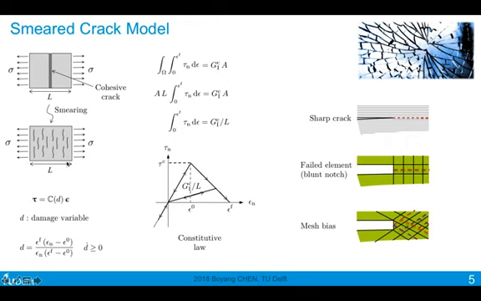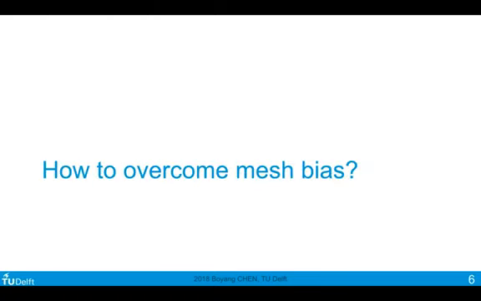However, this method suffers from the mesh bias issue, which means that now we are no longer modeling a sharp crack, but it is more like a smeared band of failed elements, and the directionality of a crack propagation is very much biased towards the direction of the mesh. So if we have a mesh aligned along this direction, then most likely the crack would propagate also along the direction of the mesh. So today we are going to talk about methods to overcome this mesh bias.